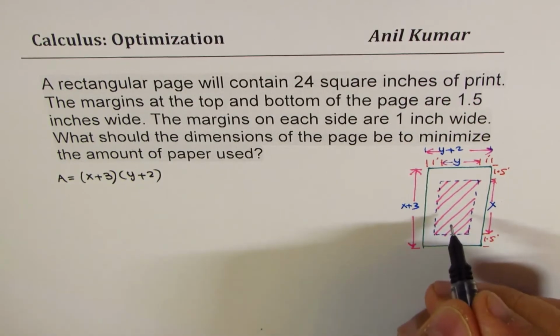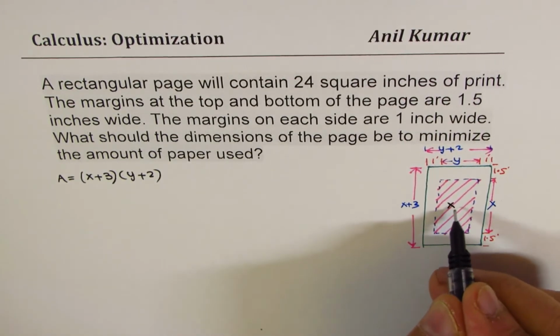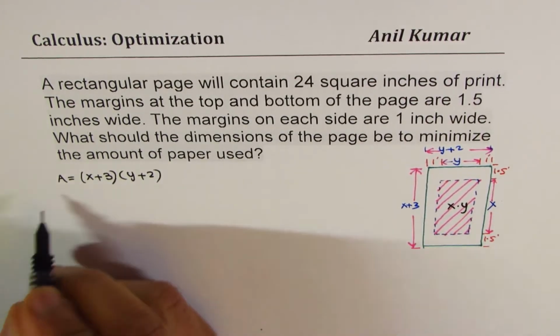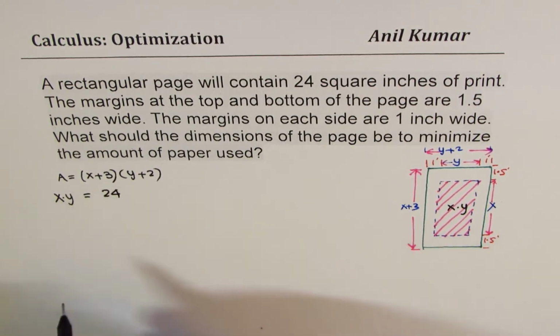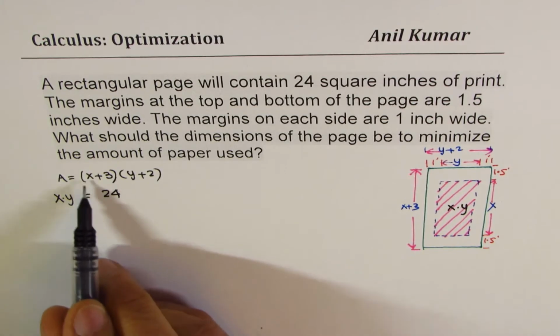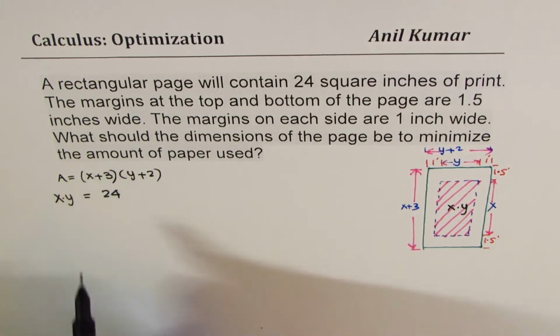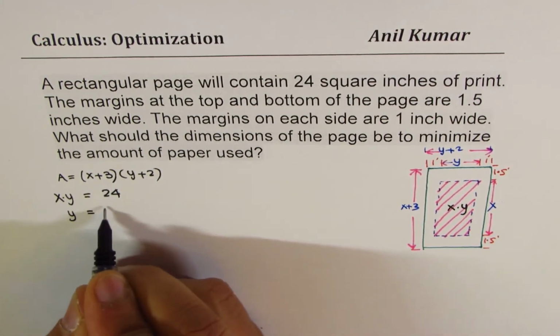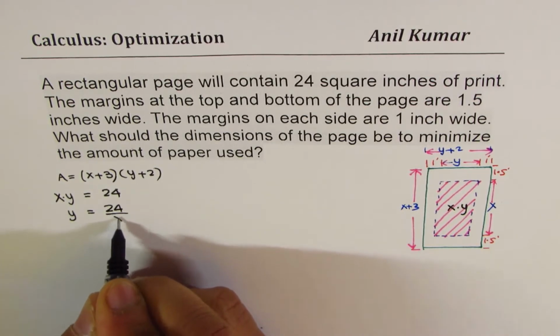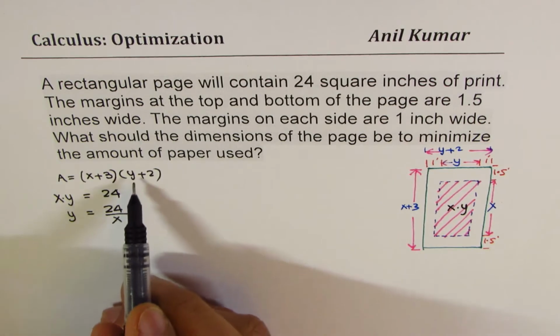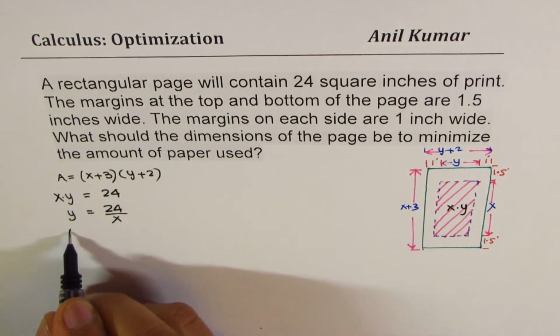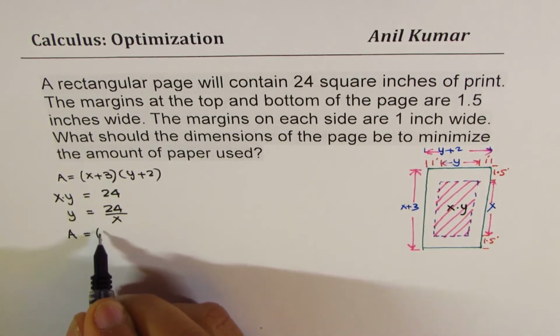So this print area is x times y. So we are given that x times y is equal to 24. So that helps to relate these two variables, and we can write what y is in terms of x. That's it. So once we know that, we can replace this value in the equation and get area in one variable, which is x for us now.